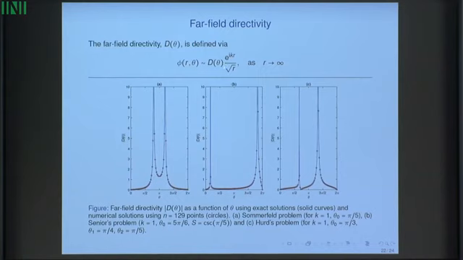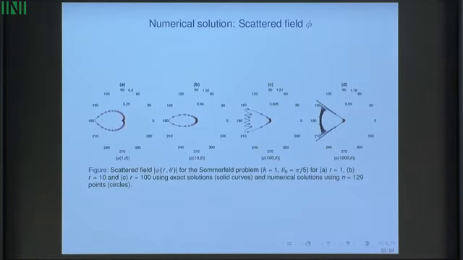So here I'm showing the far field directivity for the Sommerfeld problem, the Senior problem, and the Hertz problem compared. The solid lines are the exact solutions, and the dots correspond to our numerical solution for different parameters, and you see that the solutions agree. We can also use the solution to plot the scattered field.